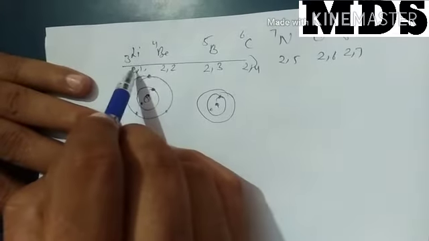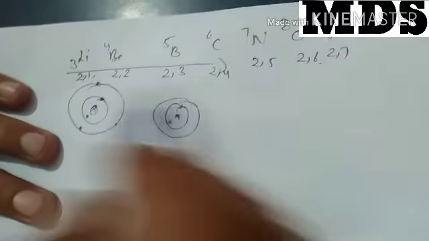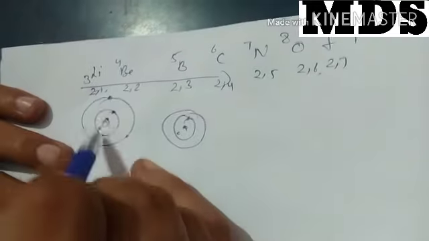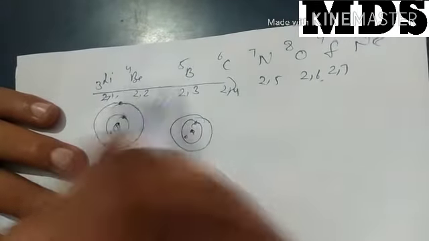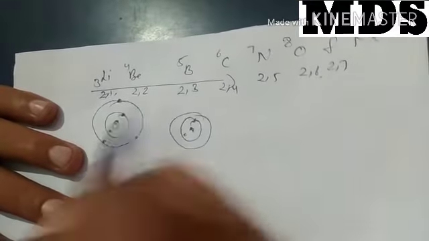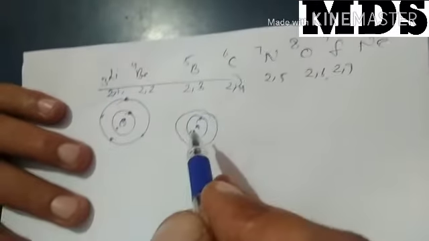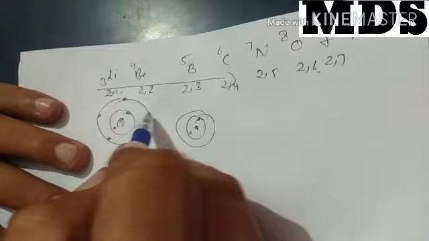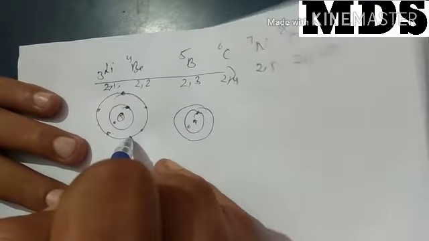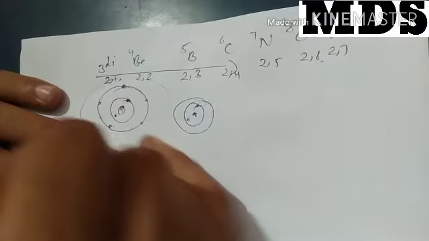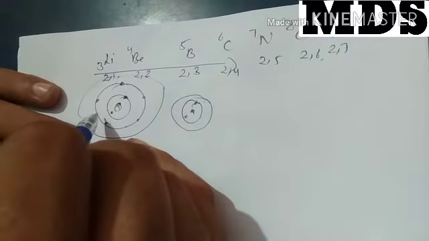You know that when we are moving along the period, the next electrons which are coming are in the same shell. In this second shell, all electrons are coming. Third electron also, fourth electron also will come in the same shell. Fifth also, sixth also. When it attains 8 electrons, then there will be a third shell and the size of the atom increases.